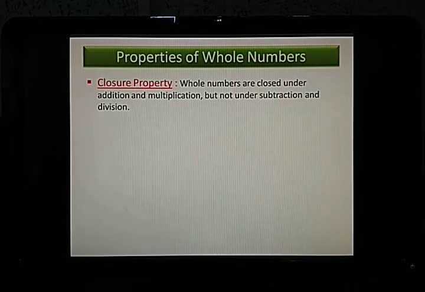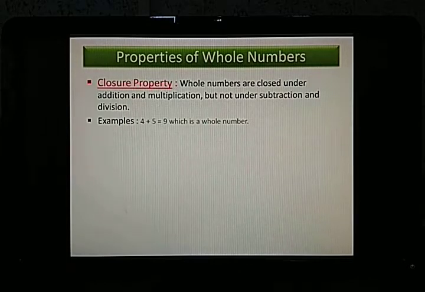Now we can see that with the help of some examples. In the first example, 4 and 5 both are whole numbers, and 9 is also a whole number. Here also the same thing. Why have I taken two different examples?